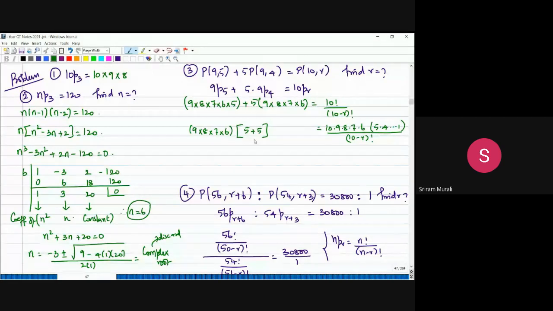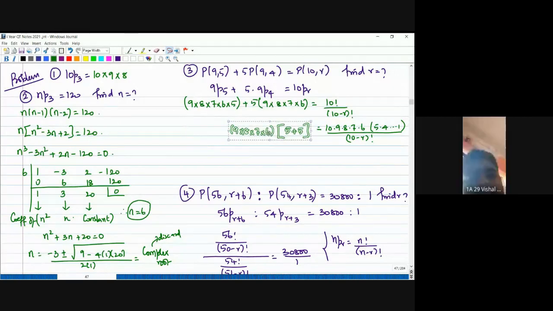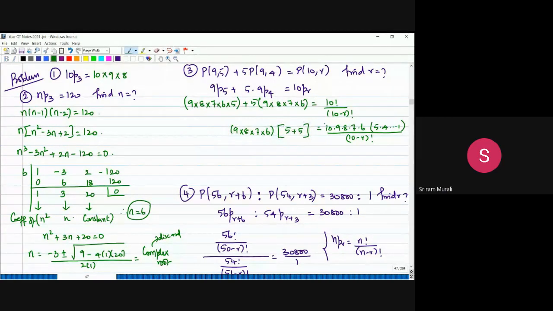So, what is there to cancel? What you can eliminate now? This 10 gets cancelled. This 9, 8, 7 gets cancelled. So 10 minus r factorial, cross multiply. It is 5 factorial. 1 to 5 is 5 factorial. Equating factorial on both sides, 10 minus r is 5. This implies r is equal to 5.